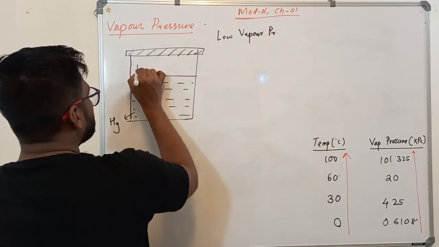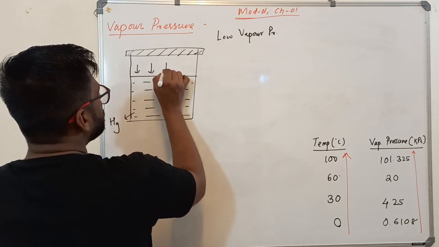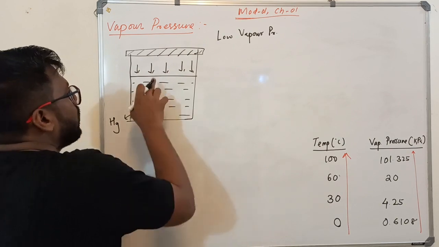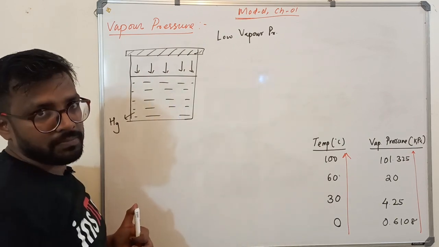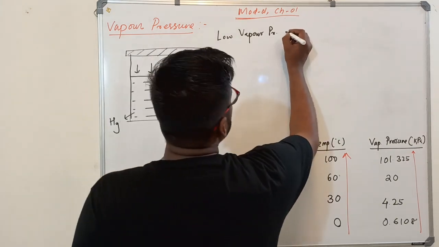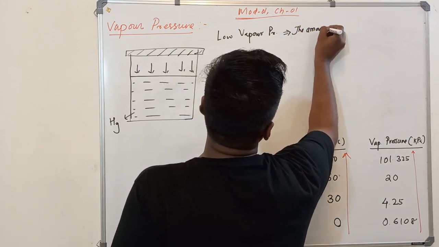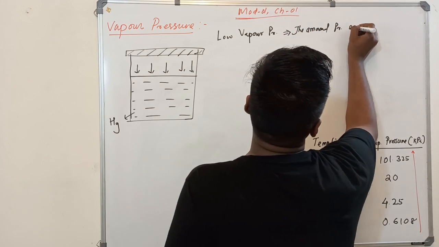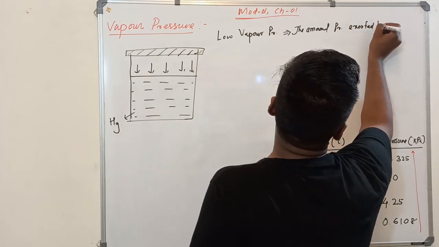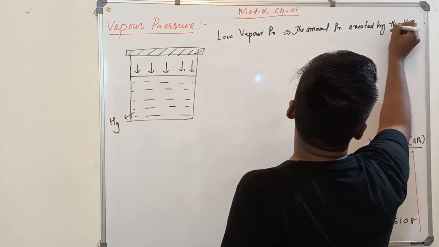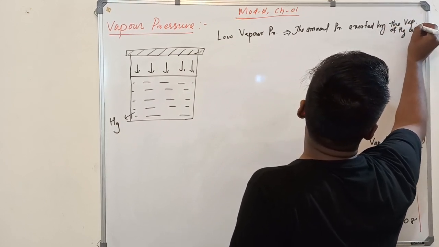That means the amount of vapor applying pressure on the surface of the liquid is less. That means the pressure exerted by the vapor of mercury is less.